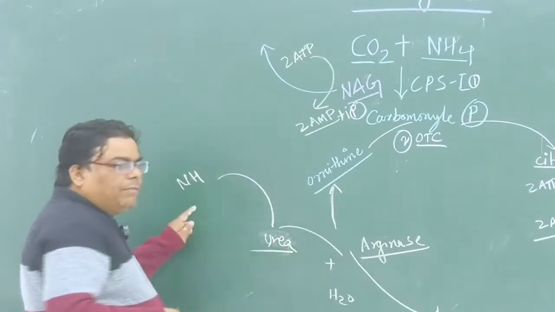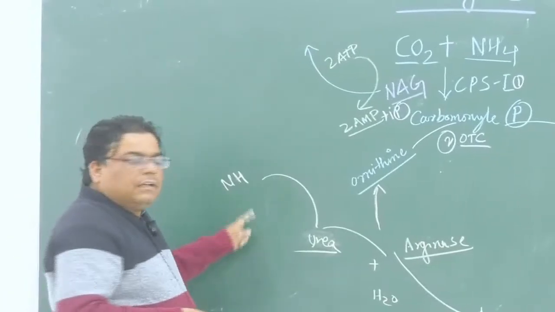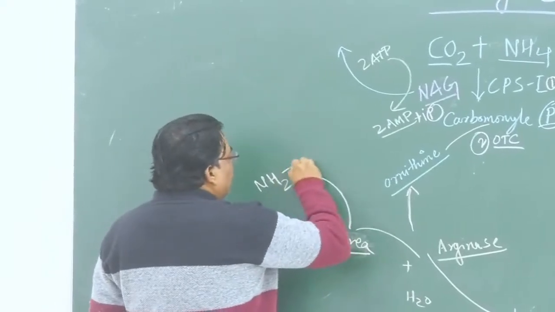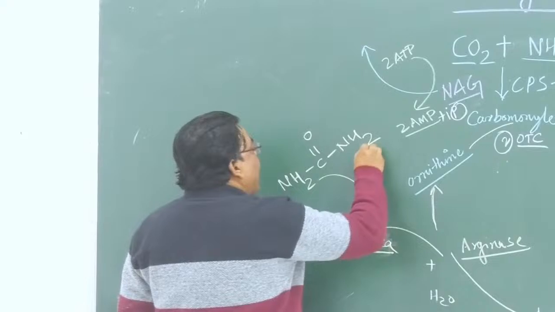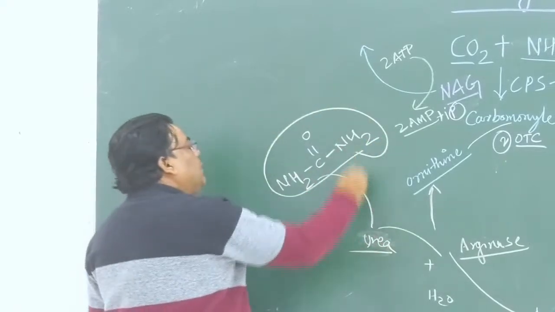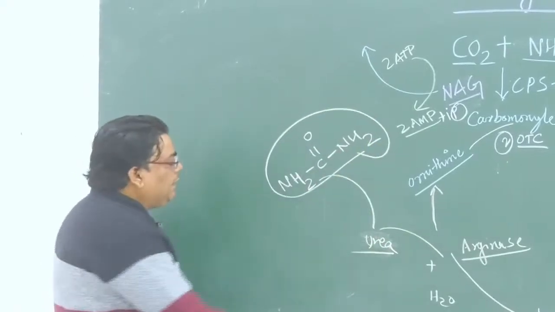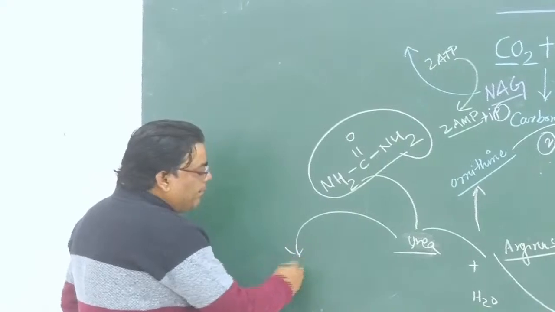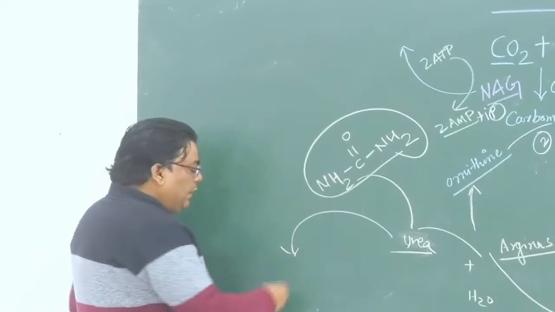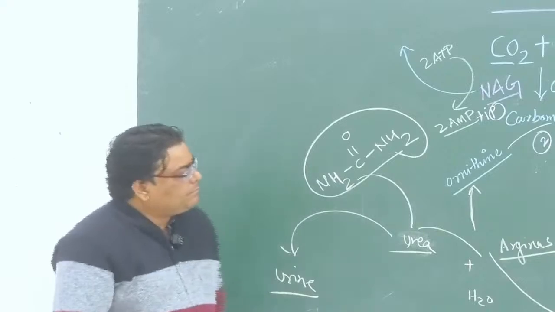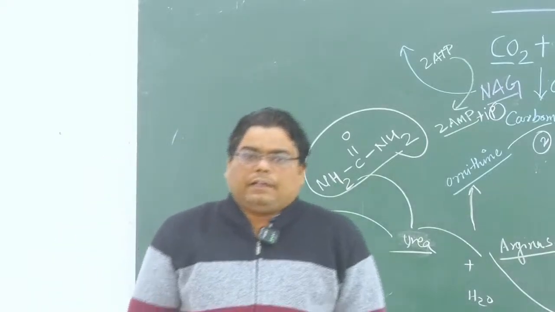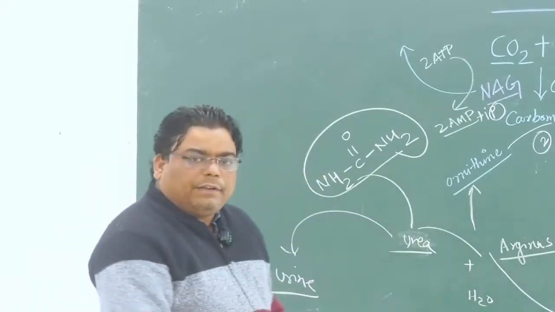What is the molecular formula of urea? NH2-CO-NH2. So all the processes are there. After that, this urea goes further into the urine, and urea is removed.